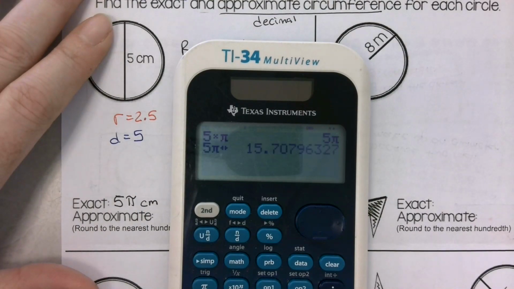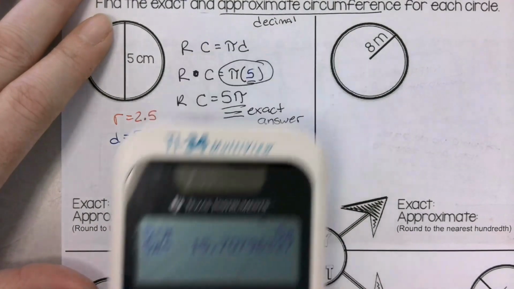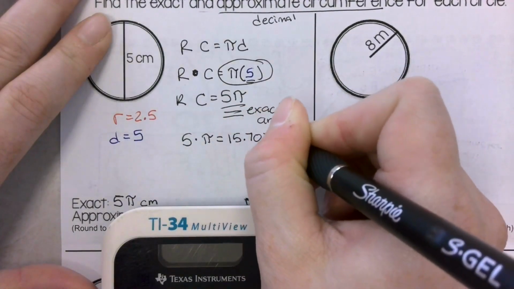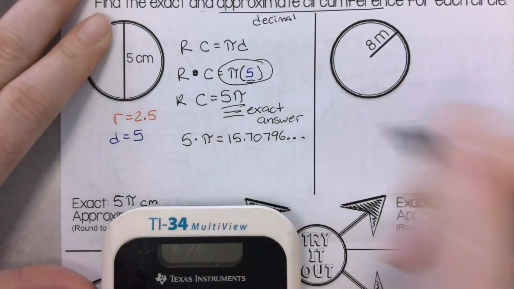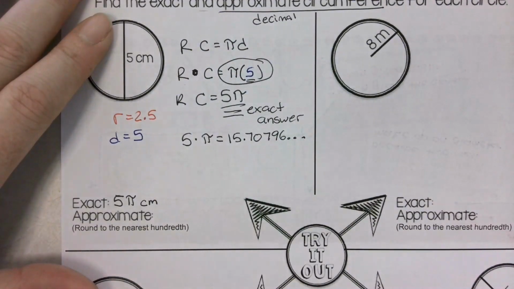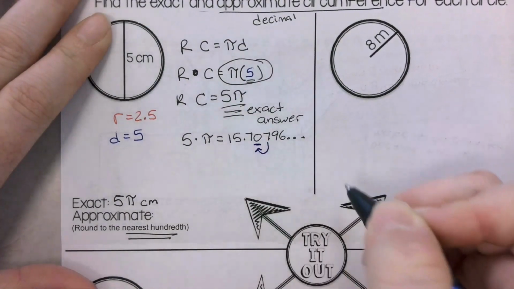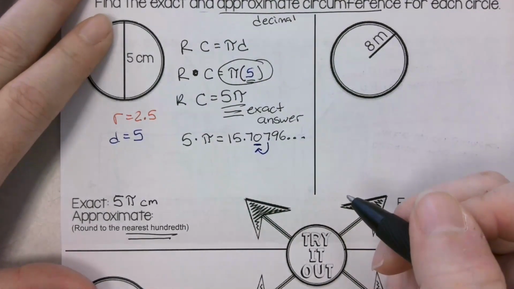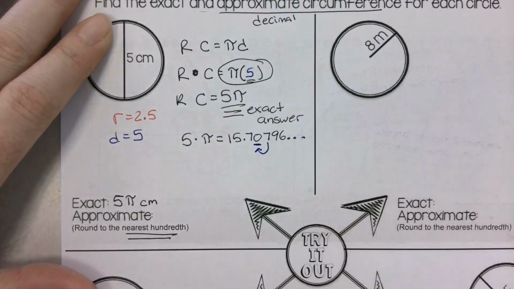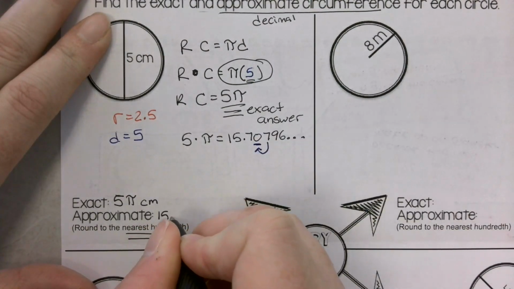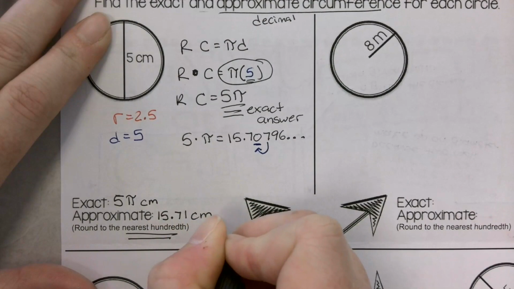You need to hit the double arrows and it will give you your decimal approximation of 15.70796... Our approximation asks us to round to the nearest hundredth, so we need to round to 2 places. We're going to look at the 0 and say, is the 7 telling the 0 to stay a 0 or become a 1? Hopefully you know it is telling it to become a 1, so our approximation would be 15.71 centimeters.